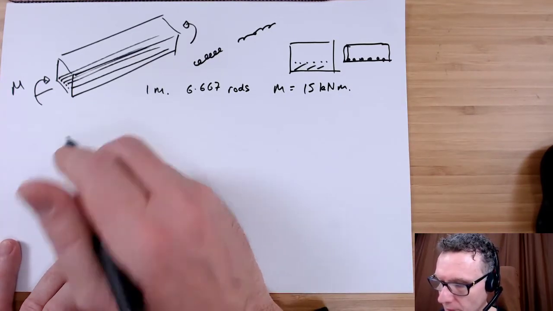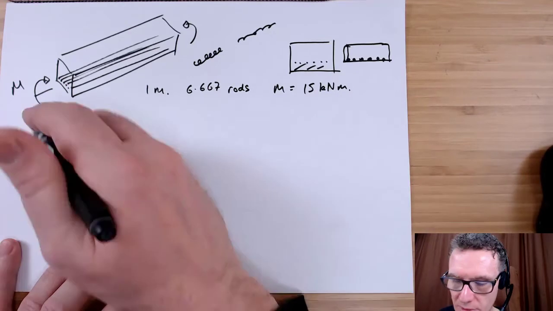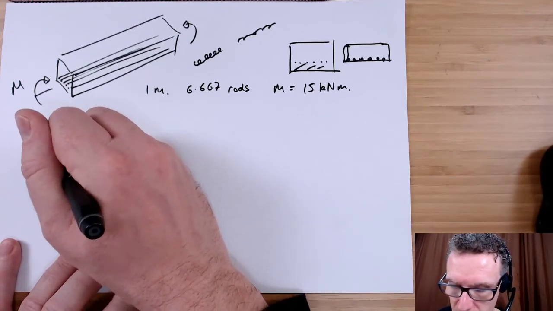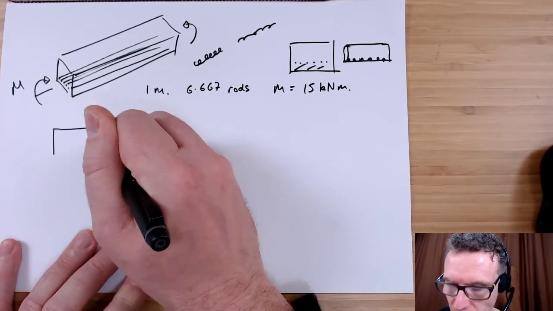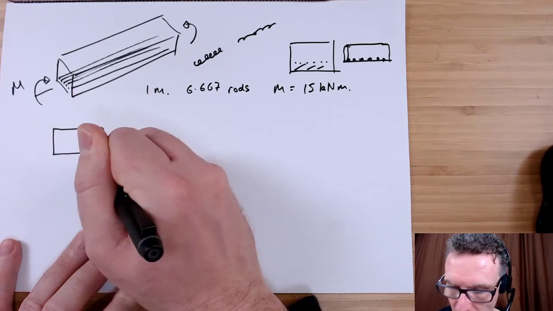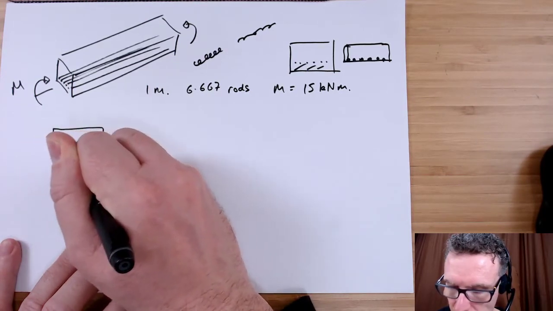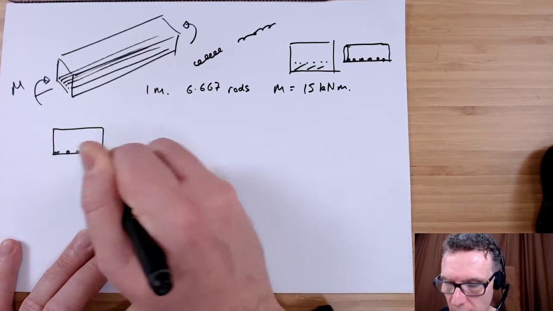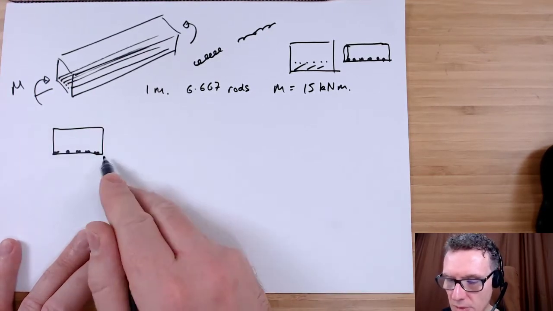Now let's think about what the stress profile is going to look like in this problem. So we're going to have this row of steel rods.